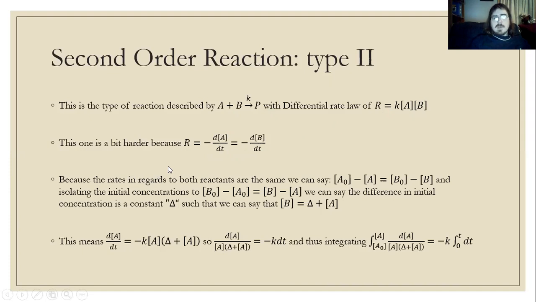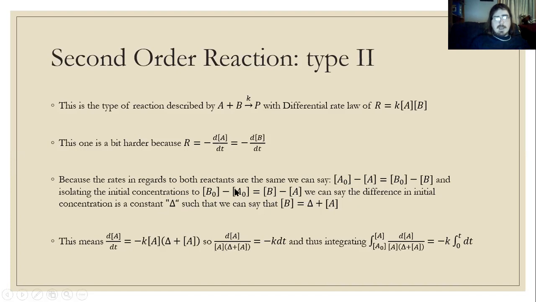Now, because the rates with regard to both reactants are the same, we can say that A sub 0 minus A will also equal B sub 0 minus B. And if we then isolate the initial concentrations, B sub 0 minus A sub 0 equals B minus A, we can say the difference in the initial concentrations is a constant, delta.